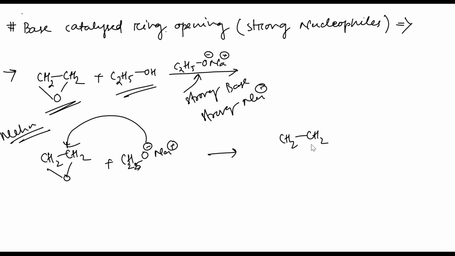From the alcohol, HOC2H5, this will undergo proton abstraction of H plus, and there will be formation of C2H5OCH2CH2OH. This will be the major product.